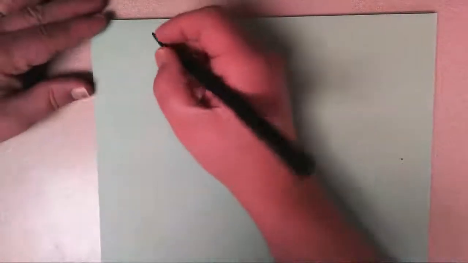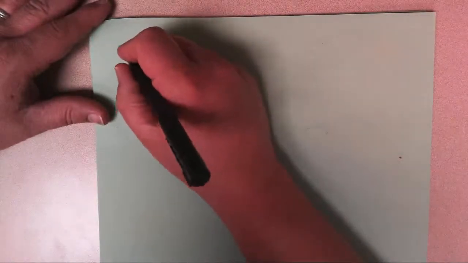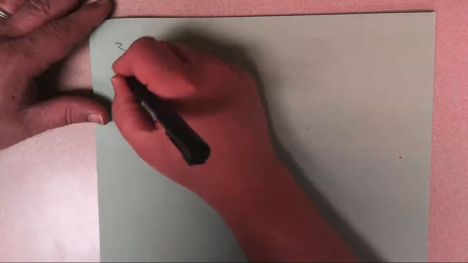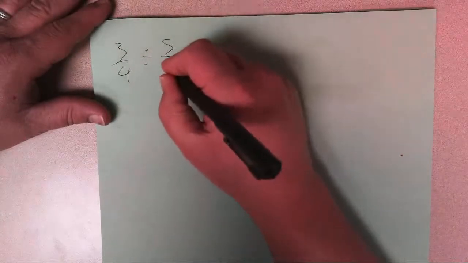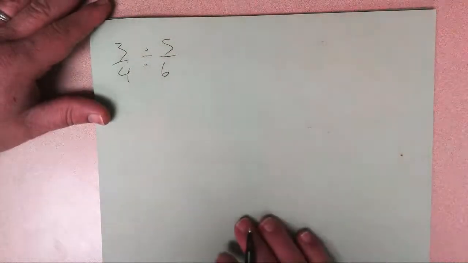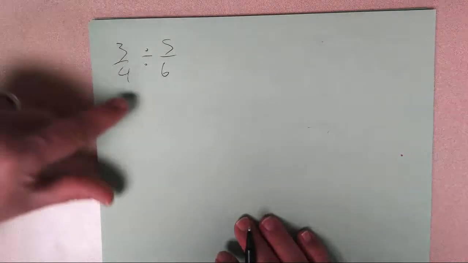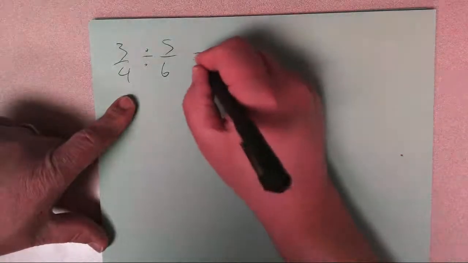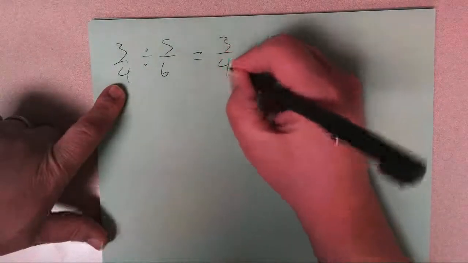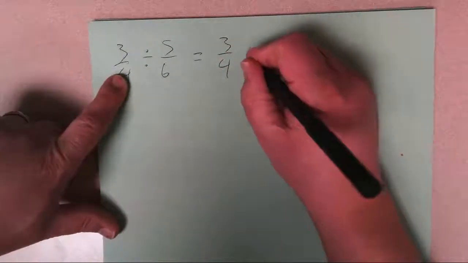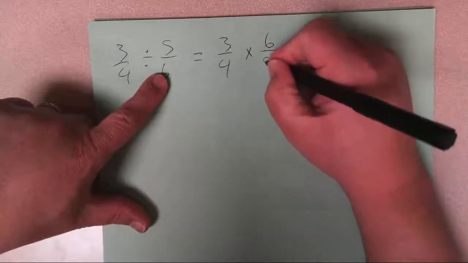Okay? And then the other thing is if you had to divide two fractions. Let's say 3/4 divided by 5/6. If it was being divided, then you change this to a multiplication problem by taking the first one, multiplying by the reciprocal of the second one.